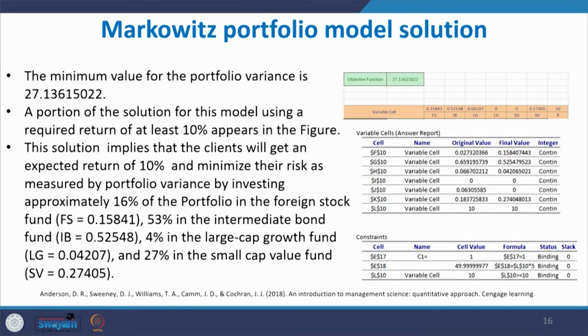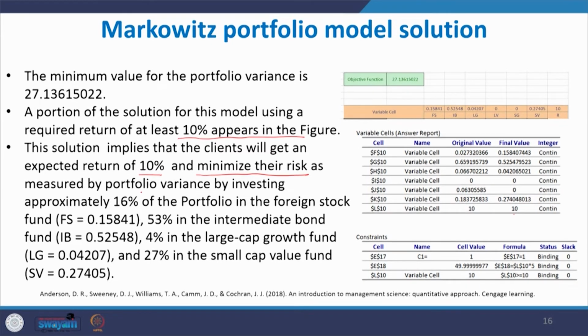Further interpretation: the minimum value of the portfolio variance is 27.136. A portion of the solution for this model using a required return of at least 10% appears in the figure. So, this 10%.